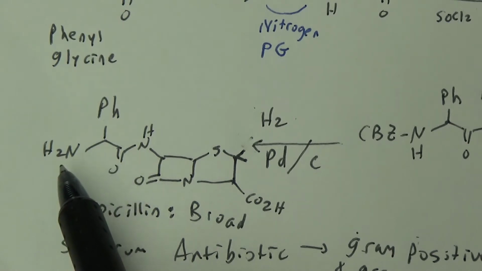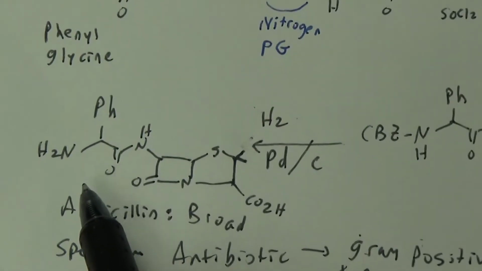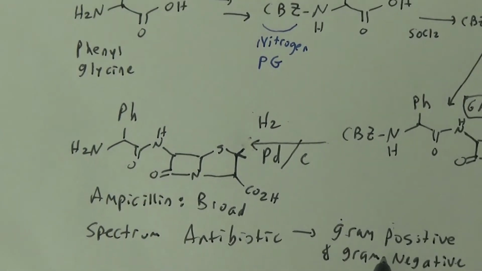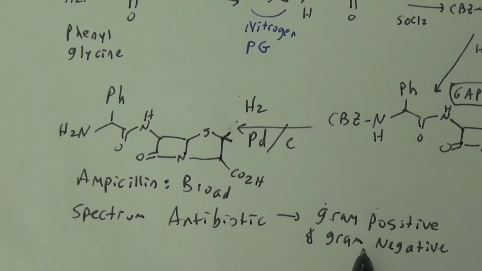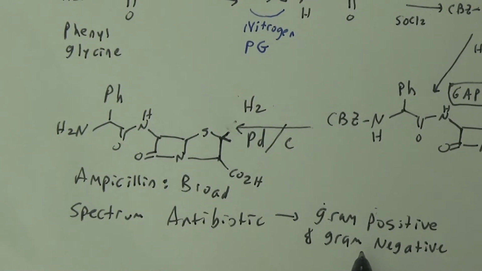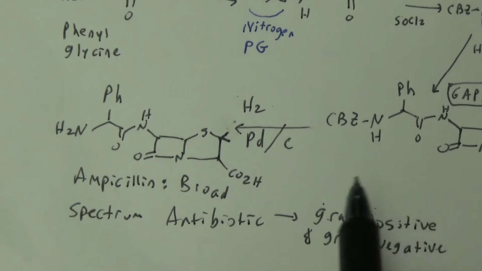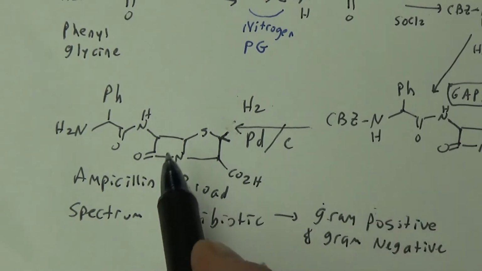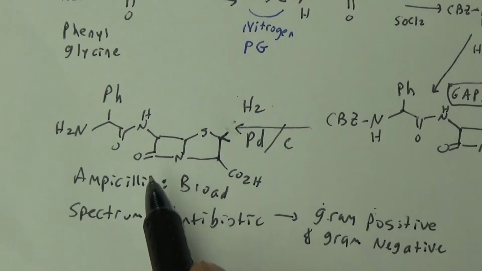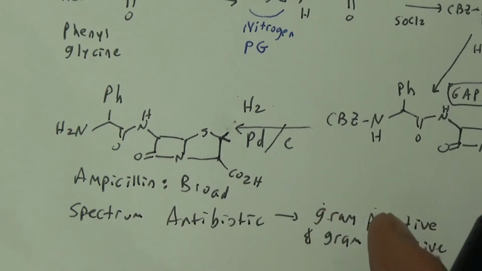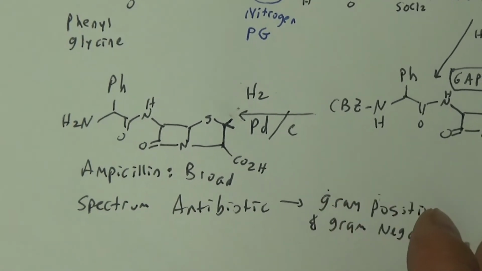So this functional group basically turns it into a semi-broad spectrum antibiotic that treats both types of bacteria. Okay, so that's kind of cool. And other penicillins don't do this, so that's kind of why ampicillin is used very commonly to treat infections.